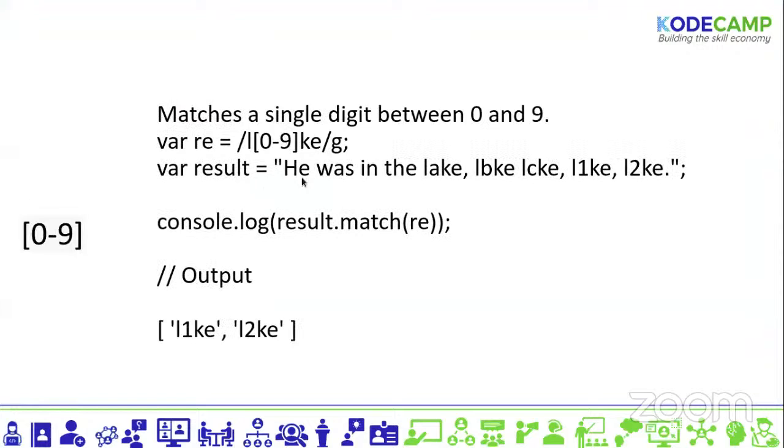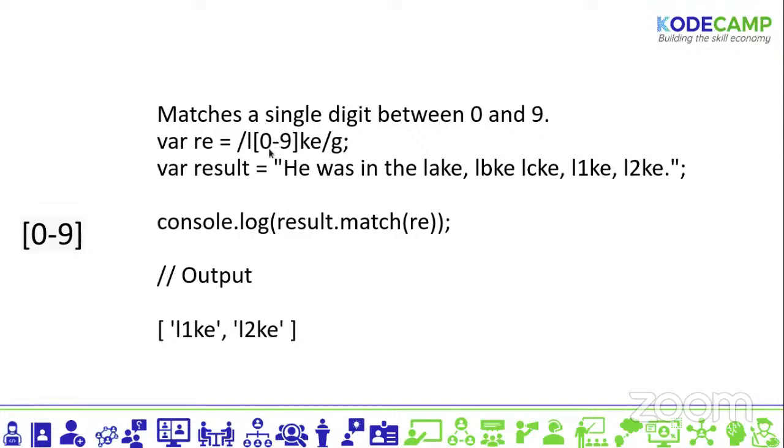So globally means, even if we see a first match, we should still check for another match for that particular string. So looking at this, it's already self-explanatory that it won't check for letters, it will just check for numbers between 0 and 9.